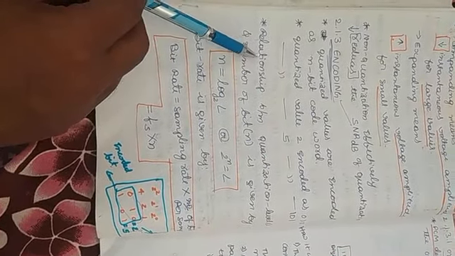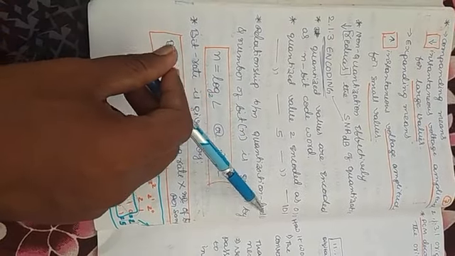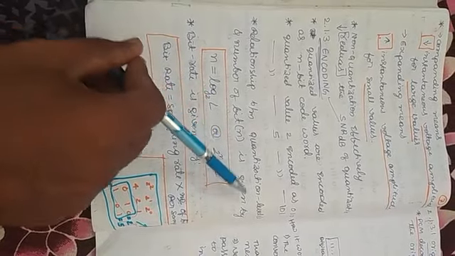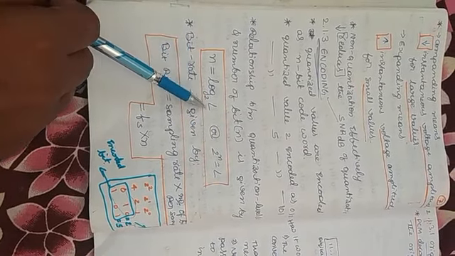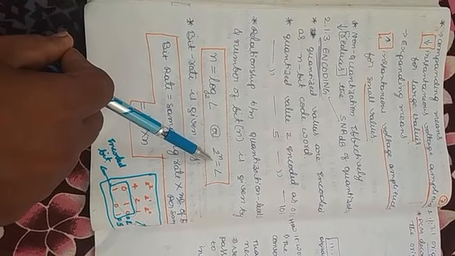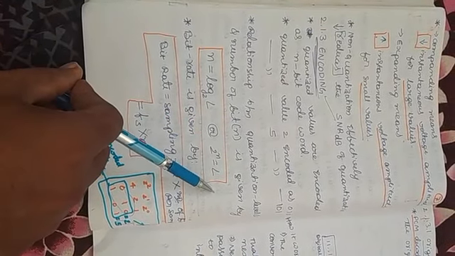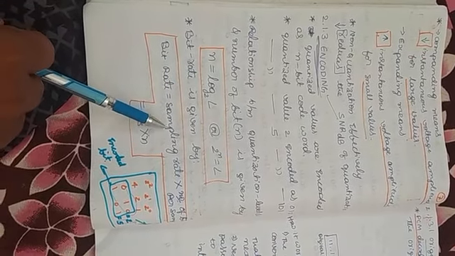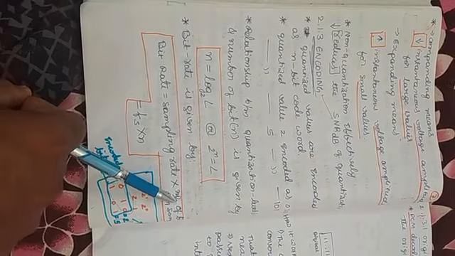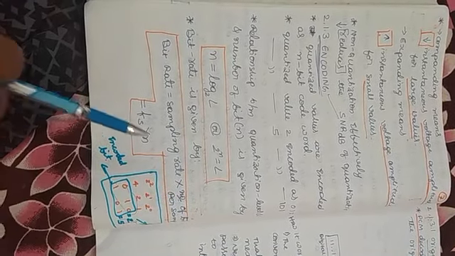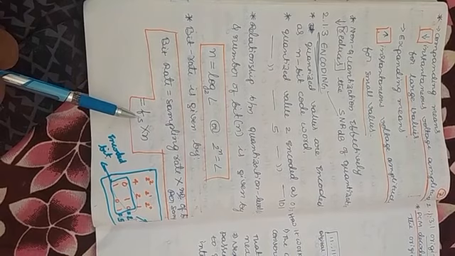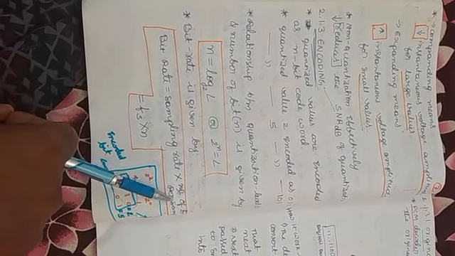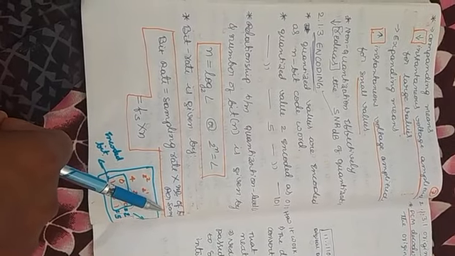Next is the relationship between the quantization level and the number of bits n, given by n equals log L base 2, or 2 to the power of n equals L. Bit rate is given by sampling rate times number of bits per sample, that is, Fs times n.